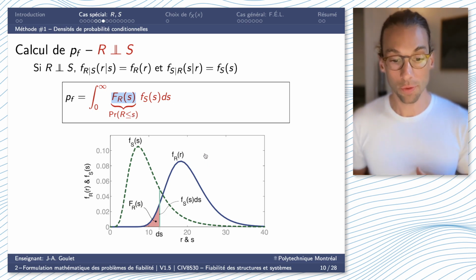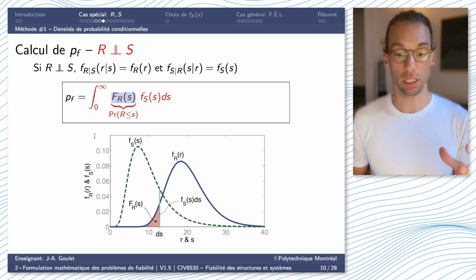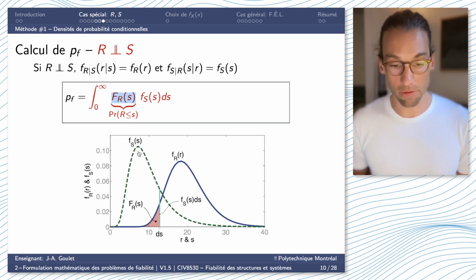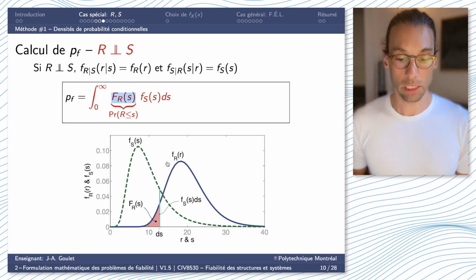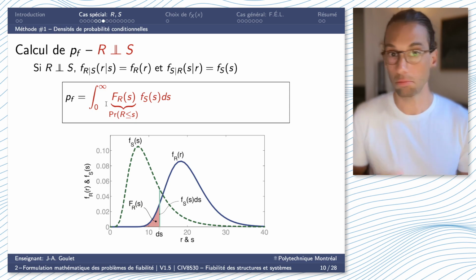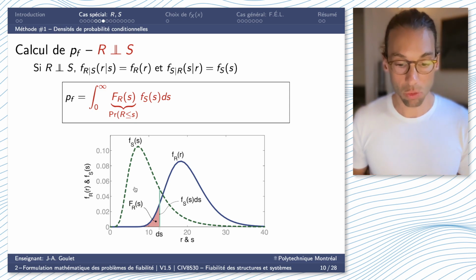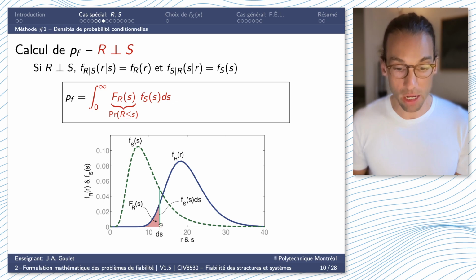So if we want to represent this graphically, we see this is the probability density function for my solicitation, and the probability density function for my resistance. And what this equation boils down to is we have here the CDF evaluated at a given S value. So if I have my S value around, say, 12 kilonewton, the probability that the resistance is less than 12 kilonewton is going to be given by this area under the curve.